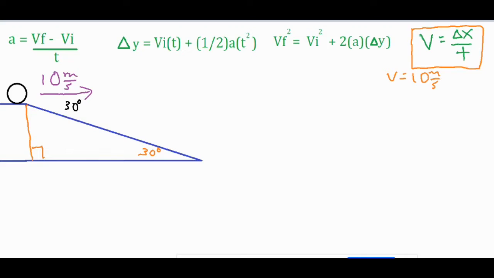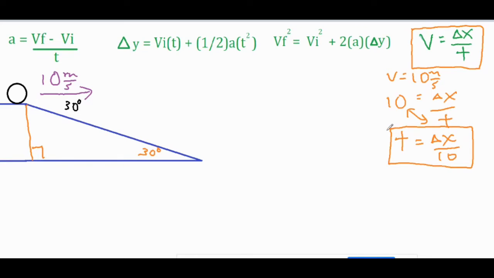Other than that, we actually don't know much from there. So we can say that 10 equals delta x over t. And if we want to solve for t, we can call it delta x over 10. And that's going to be a helpful substitution for us a little bit later down the road.